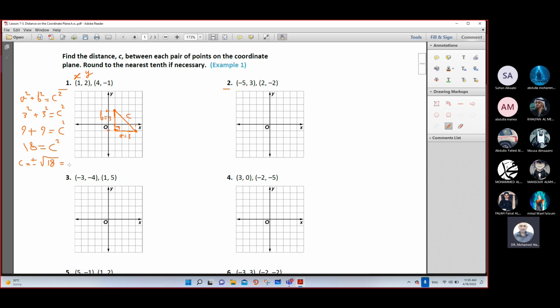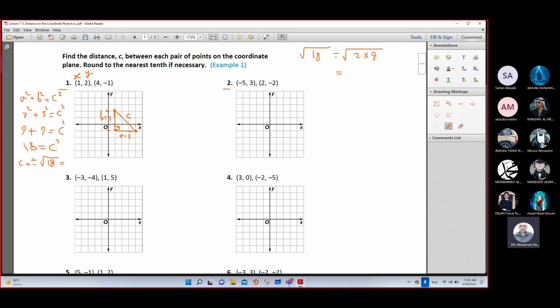If we don't have a calculator, we must simplify this square root. How? As you know, 18 equals 2 times 9. What is the square root of 9?